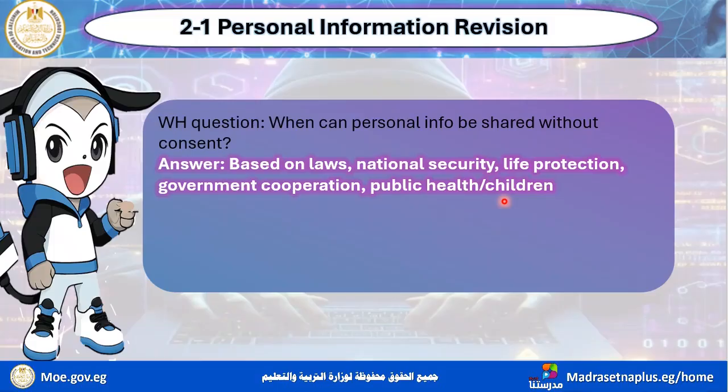So you can share personal information if the laws allow you to publish it, if national security allows, if life protection requires it, and if government cooperation requires it, and of course, if it doesn't harm you or anyone else.